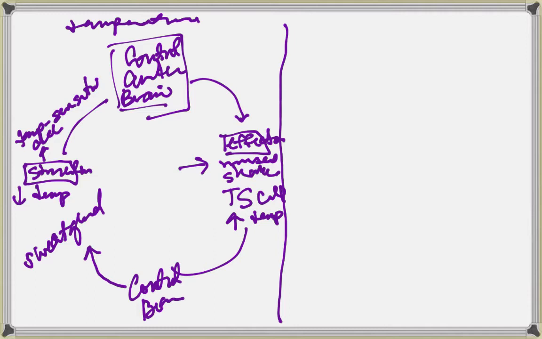So the idea of negative feedback is once you get high enough in something, it turns it off and wants to flip it back, the opposite of what it is, right? So it kind of helps with making sure things don't get too high or too low. It's a really good way of balancing it.